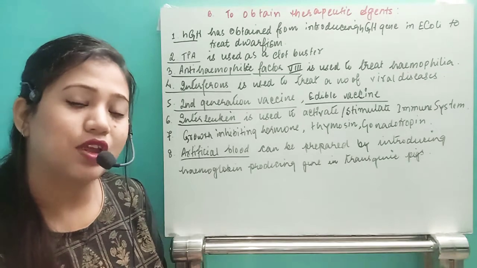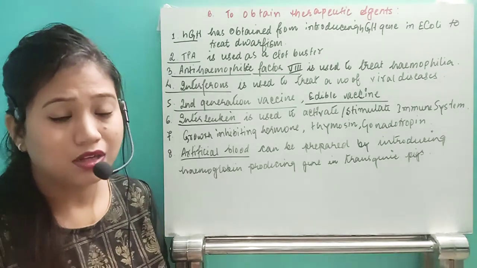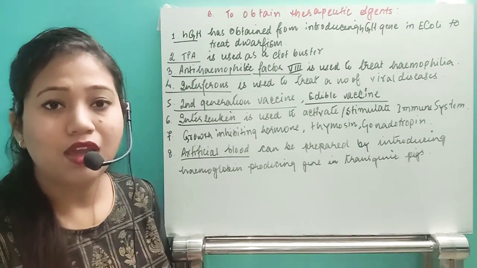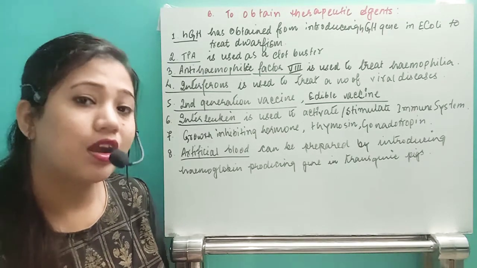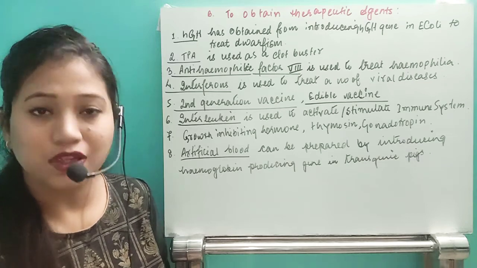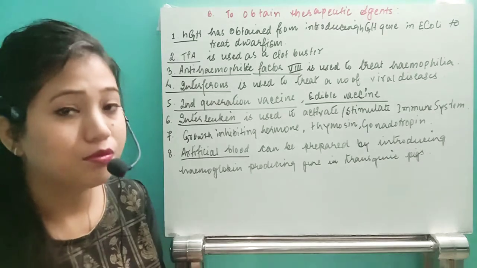Then this transformant host will produce our required product, that can be a protein or a hormone. So let us see how we can extract the product and what those products actually are.